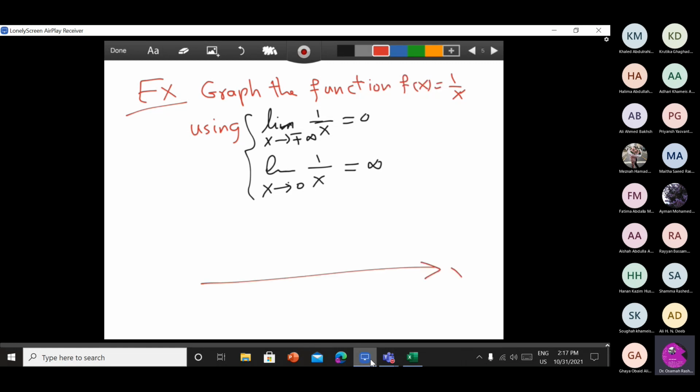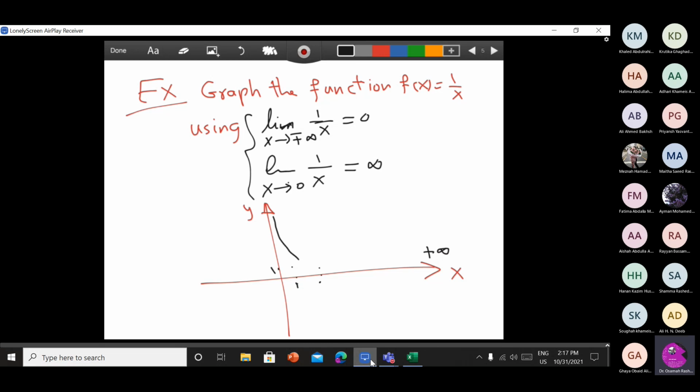Let's have the x-axis and y-axis. I know that when x is increasing and going to positive infinity, the function is 0, right? But when x starts from 1, it will be 1, right? If it is 2, it will be half, right?